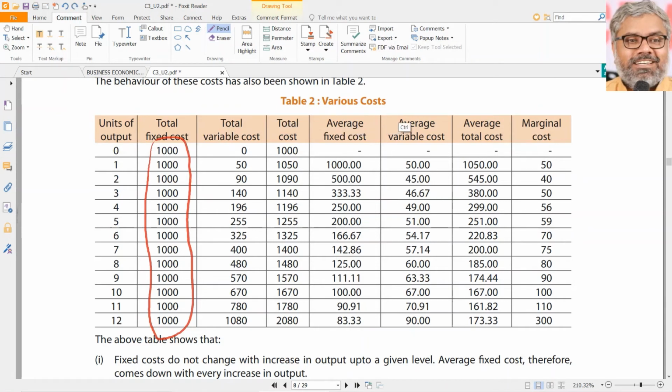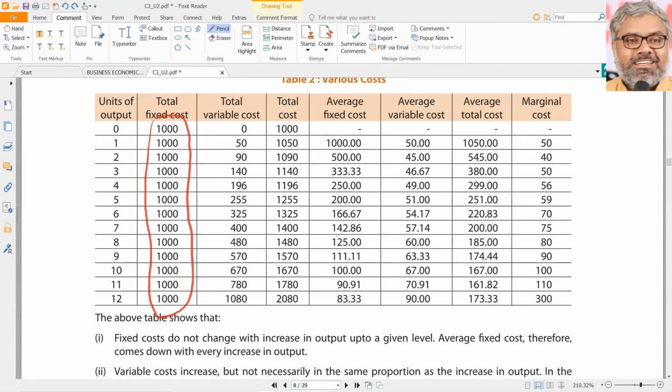Then 1000 by 1, 1000 by 2, 1000 by 3, like that, the average fixed cost will keep on falling. It will never be 0, but it will keep on falling, as we observed in the graph. Average fixed cost is always downwards only. It will never rise. That is the average fixed cost curve. That is what is depicted in the schedule also.